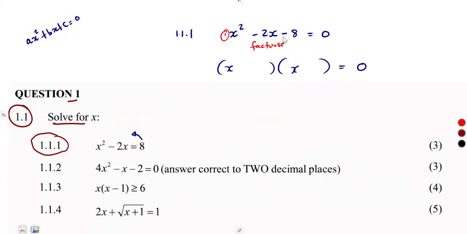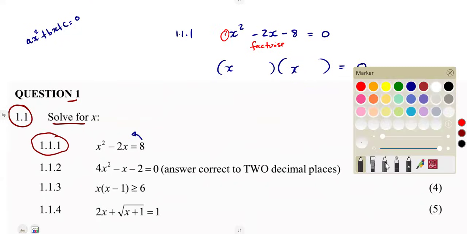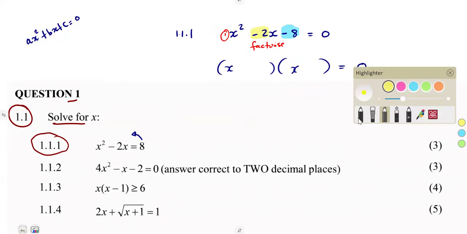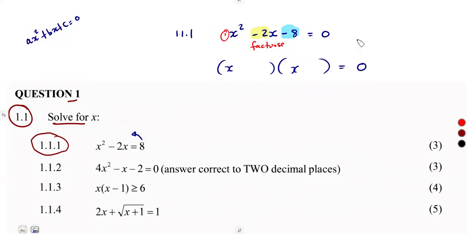Considering the factors, or products, of negative 8 which will add up to negative 2. So we need two factors of negative 8. When you multiply the two numbers, you must obtain negative 8. Negative 8 and 1, there are so many numbers that we can actually use.